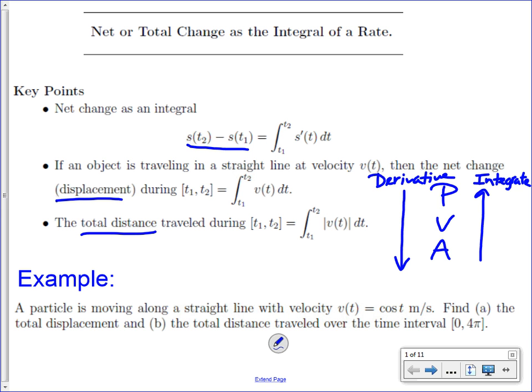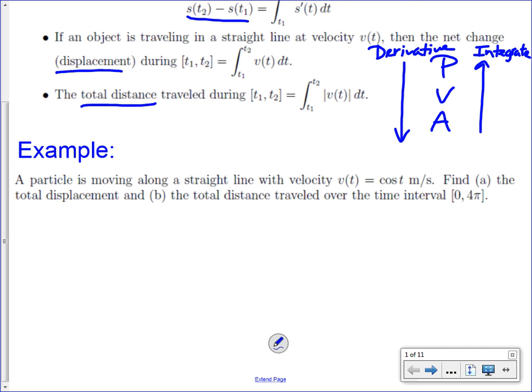Okay, so if you find the derivative of position, you get velocity. If you find the derivative of velocity, you get acceleration. If we're working backwards, if you start with acceleration and you integrate, you get the change in velocity. Okay, if you start with velocity and you integrate, you get the change in position. Okay. All right, so let's look at this example.